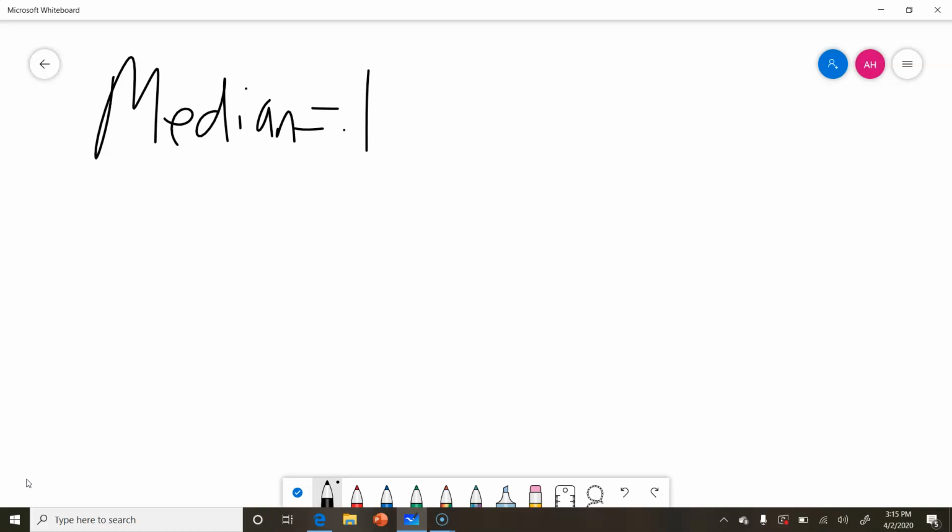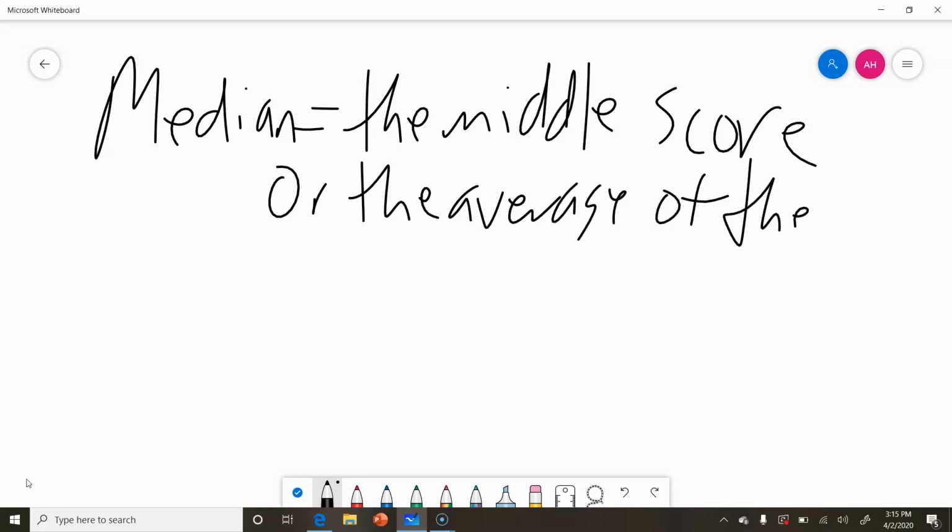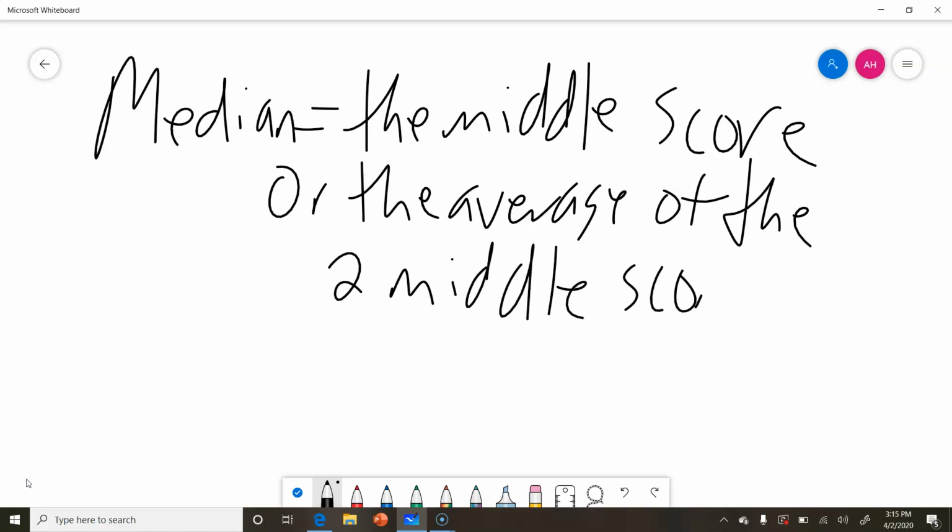Median is the middle score, or the average of the two middle scores. Sometimes when we have an even number, the median could be a decimal, likely, or if it's an odd number, it's going to be whatever score is in the middle.